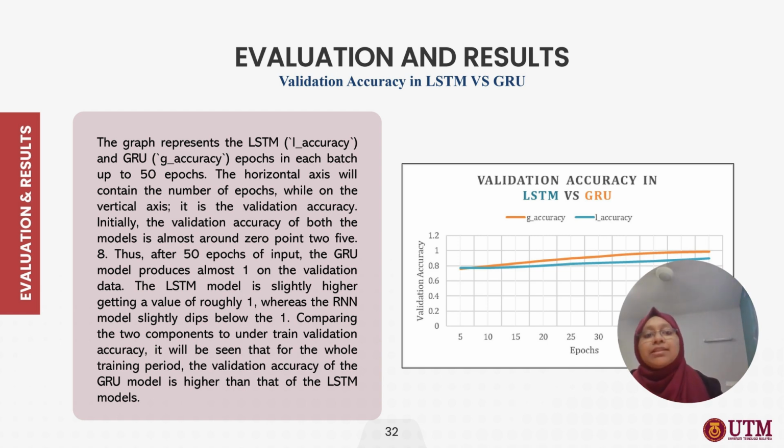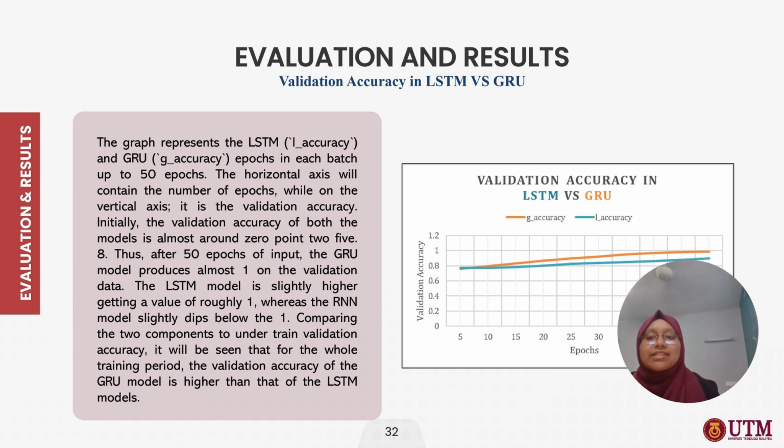So this is the validation accuracy of LSTM and GRU. As we can see, the x-axis is drawn as the 50 epochs, and for the y-axis I have kept the validation accuracy.